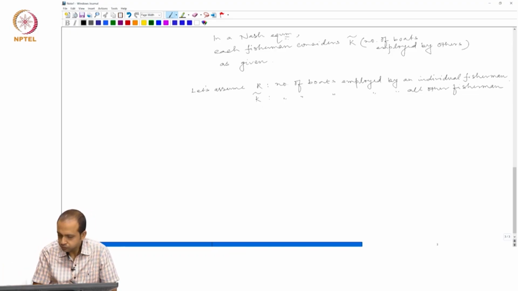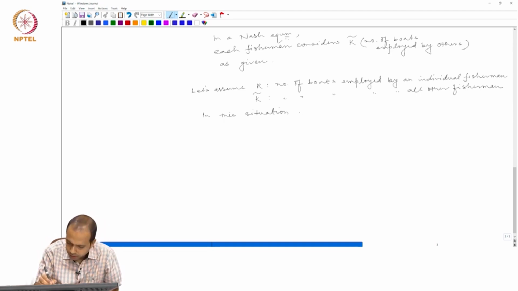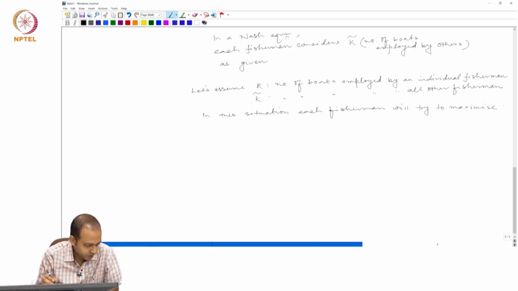And in this situation, each fisherman will try to maximize her share of net benefit.